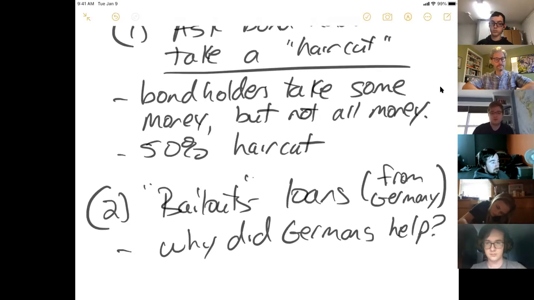Why was it the Germans who have periodically helped the Greeks? Because the Germans, Logan says, because they use the euro. That's definitely true. I don't think that in and of itself, they run a surplus. That's true. So Germans have the money.